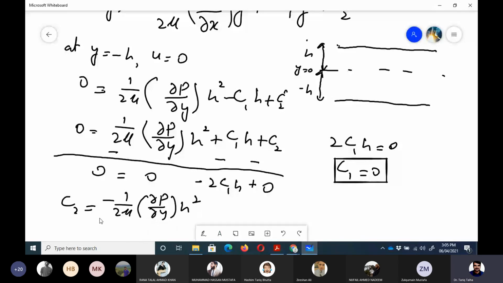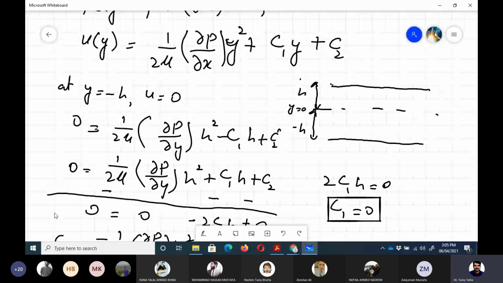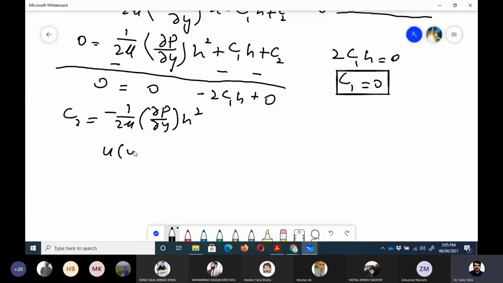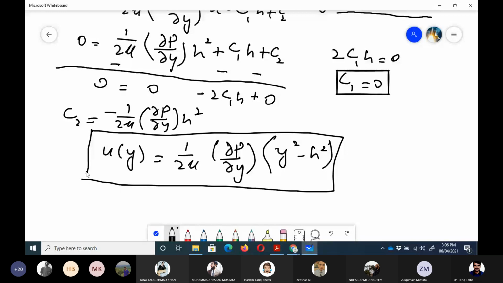If we put it in the governing equation, U of Y, we can easily show that U of Y is equal to 1 upon 2 mu partial P by partial x into y square minus h square.